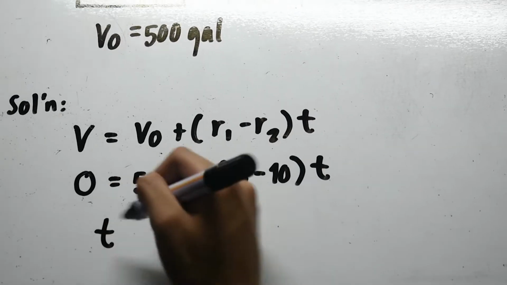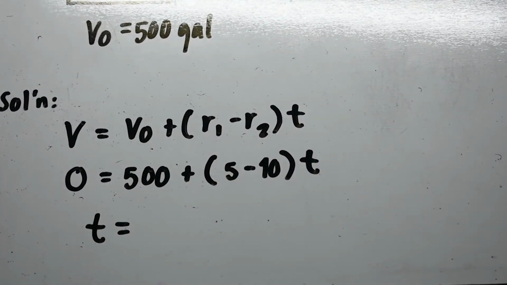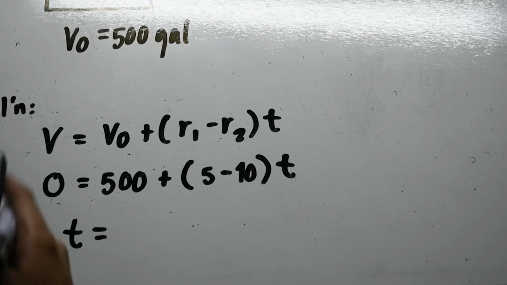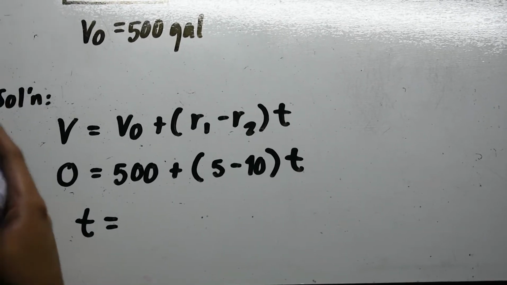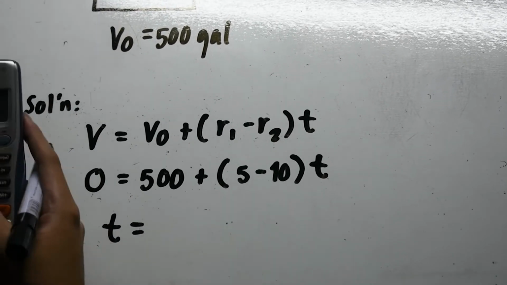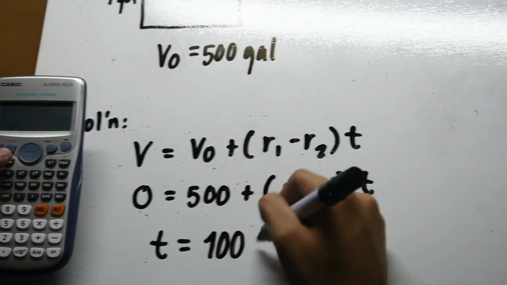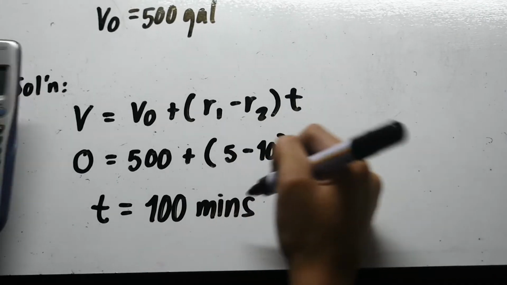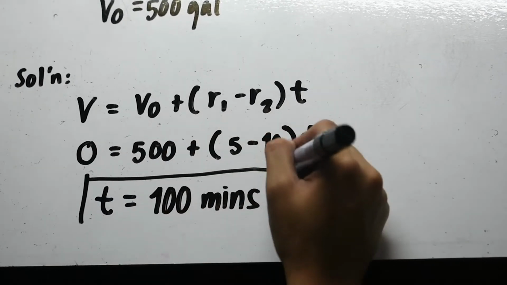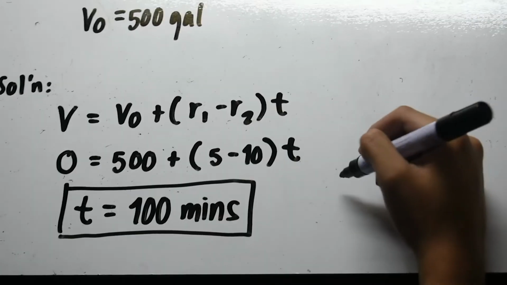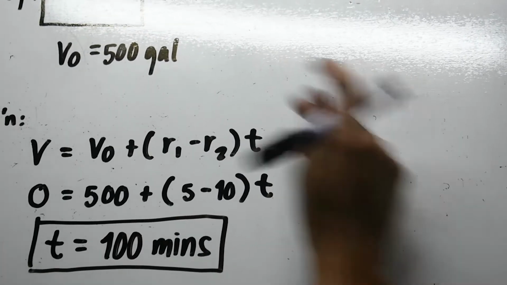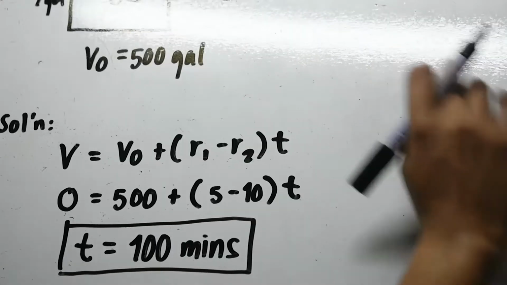Doing this, we can find the time, which is equal to 100 minutes. So at 100 minutes, at the given rates, the tank will be empty.